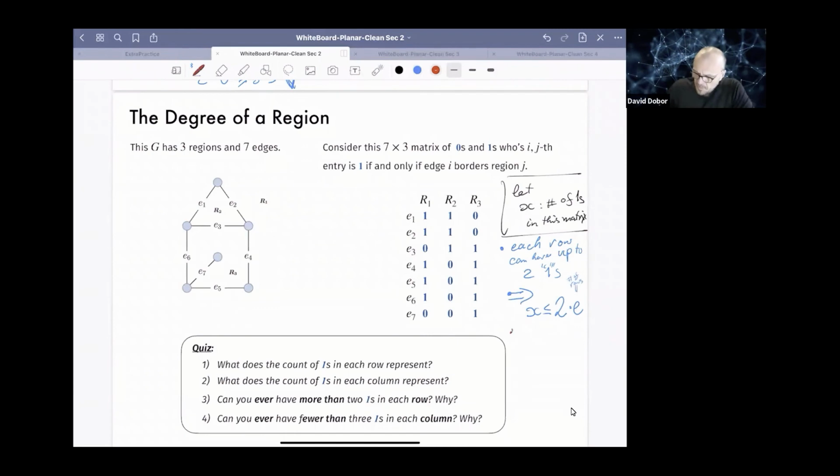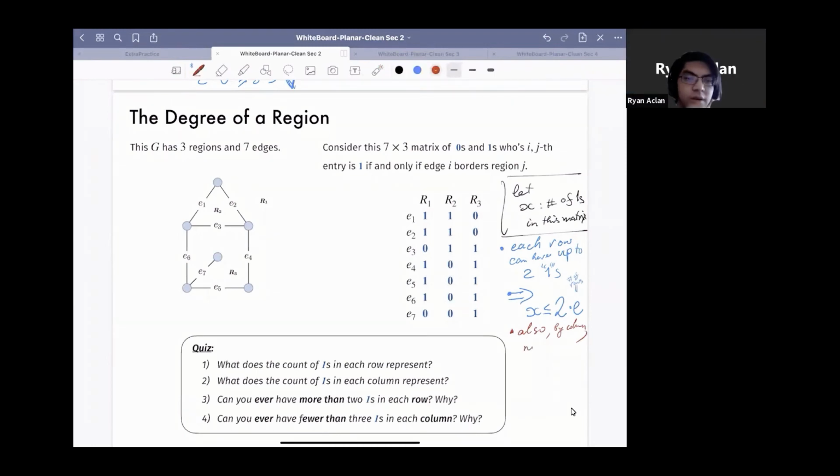Also, by column. What's happening by column? How many 1s can I have in each column? I can have a bunch of 1s. But here's my question: can I have fewer than 3 1s? No. Why?